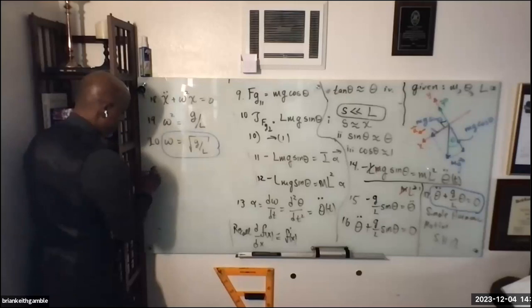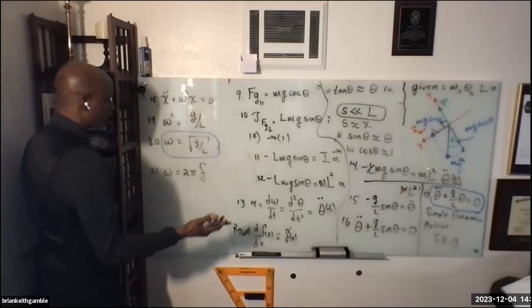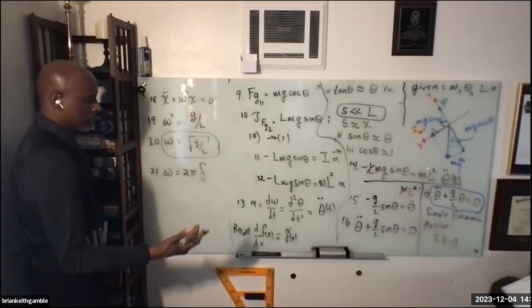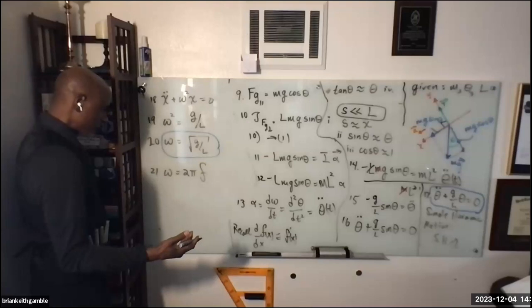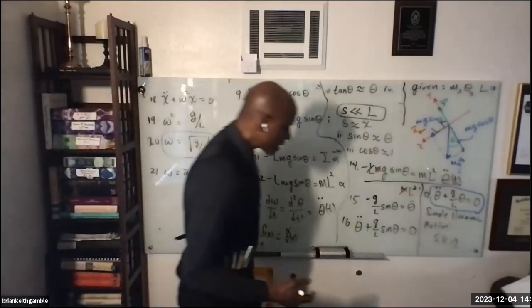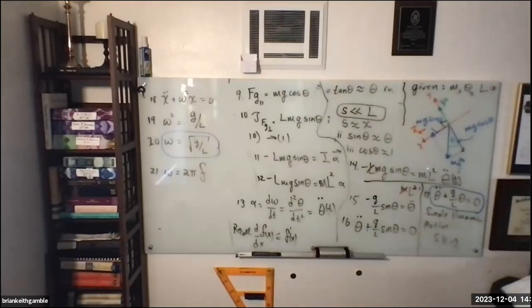The angular frequency omega is equal to 2 pi times the linear frequency, or just frequency. Frequency is like in a computer, oscillations per unit time.